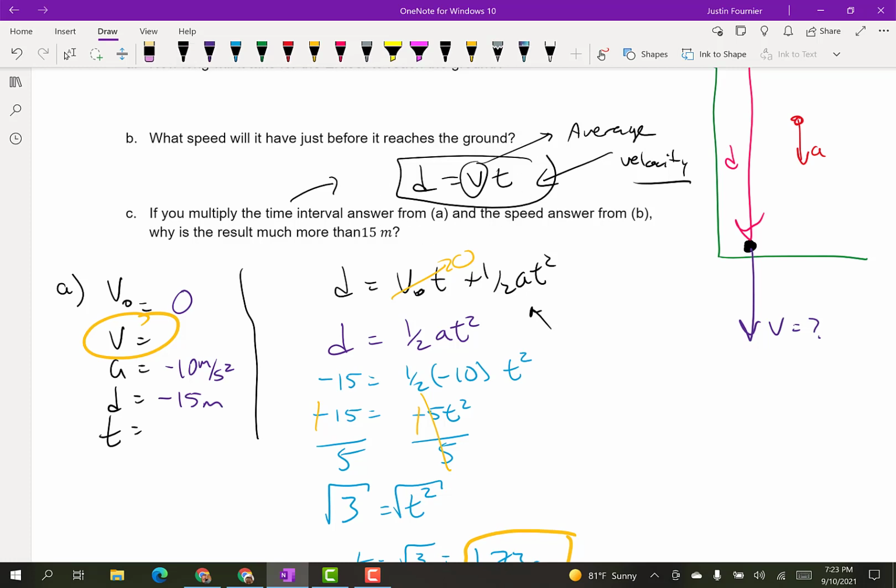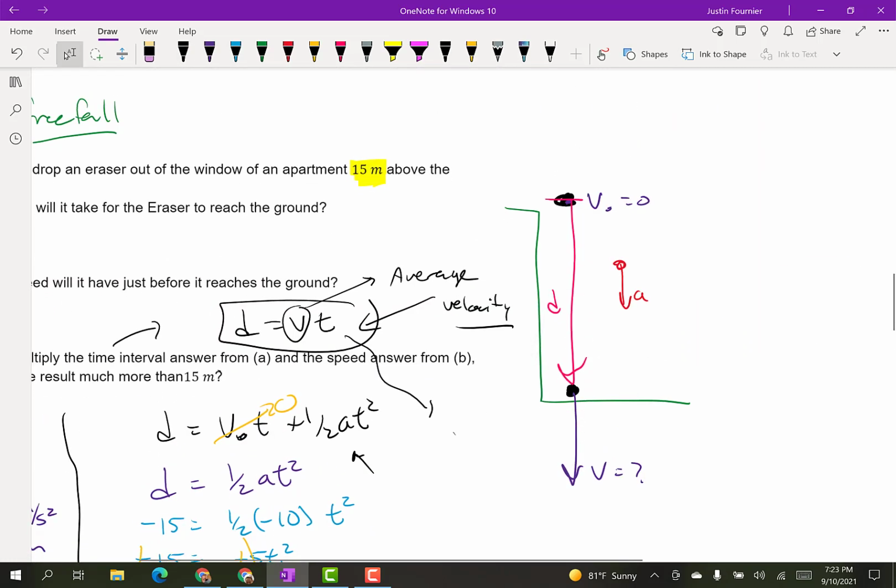So the question basically is why can't I just use unit cancellations? Meters per second times seconds gives me meters, so that should give me the distance. How come it's much more than that? And the reason is that it's actually getting faster as it goes down. This object is starting slow and then getting faster and faster and faster until it finally reaches the ground.